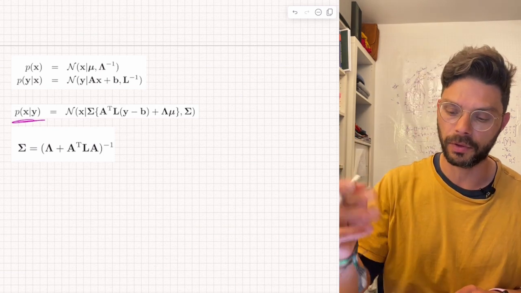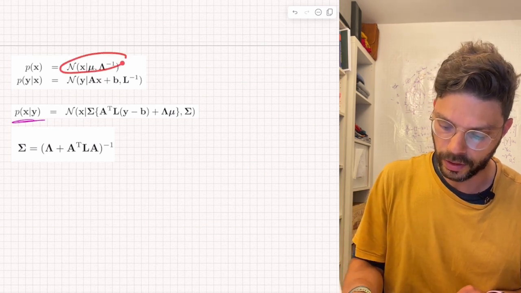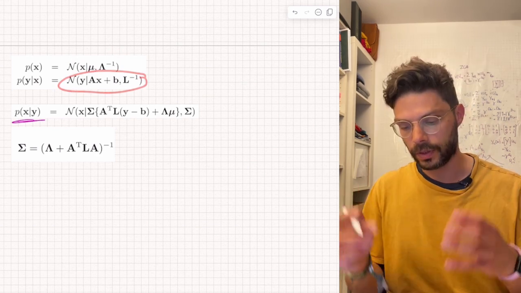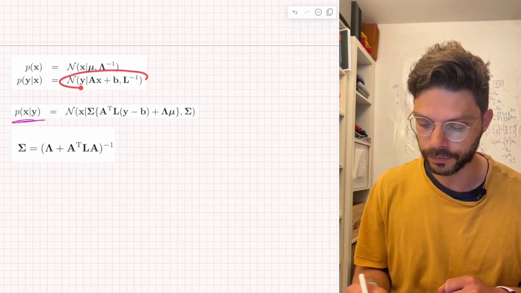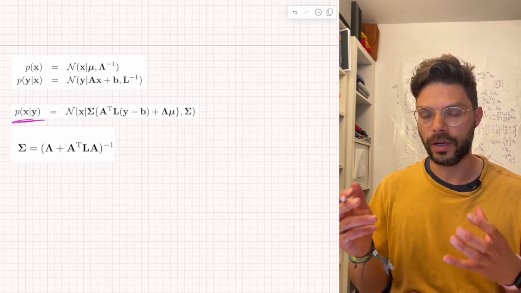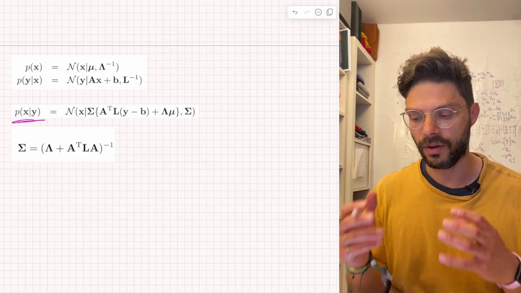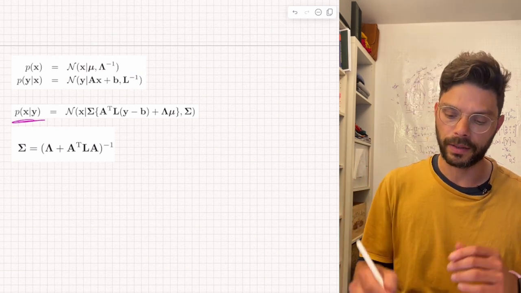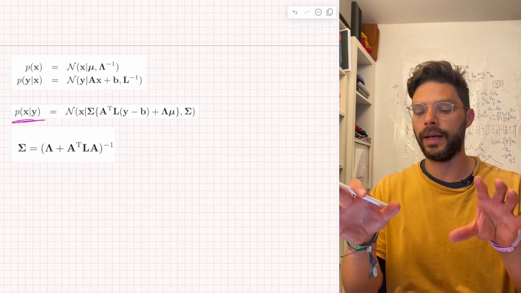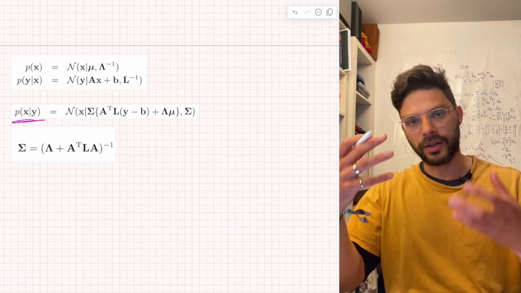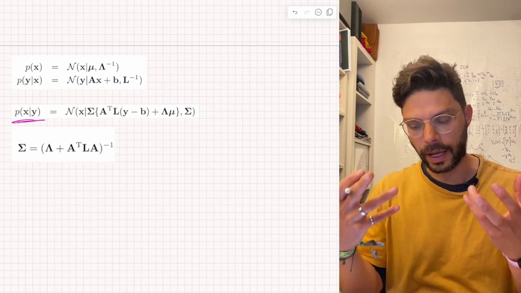We have a prior distribution, which is this one, and then we have more information about x that's coming through our observations. And in very simple situations like that, to figure out what the posterior is, you want to do a weighted combination of the information from the two sources, scaled by the precision.